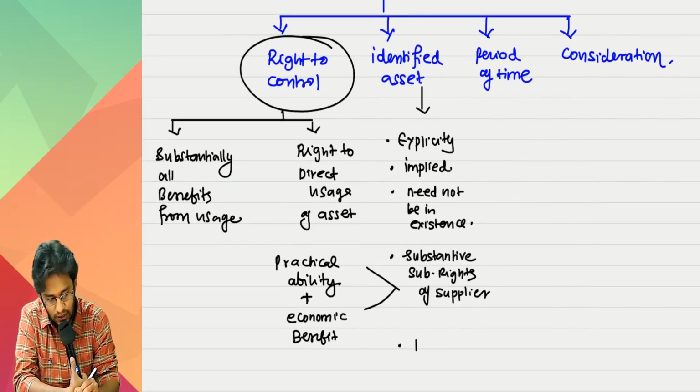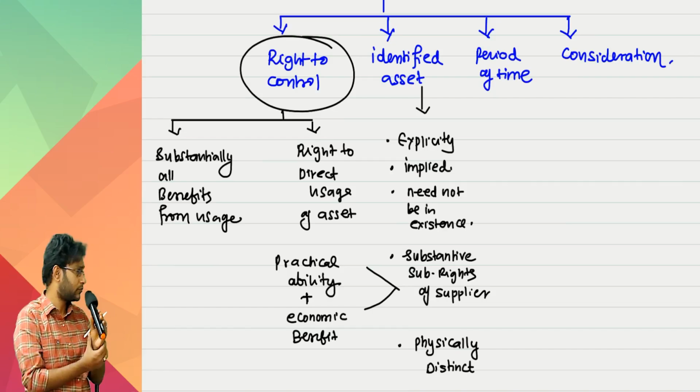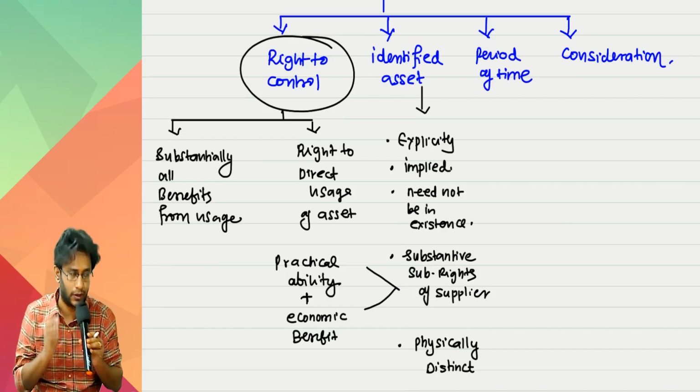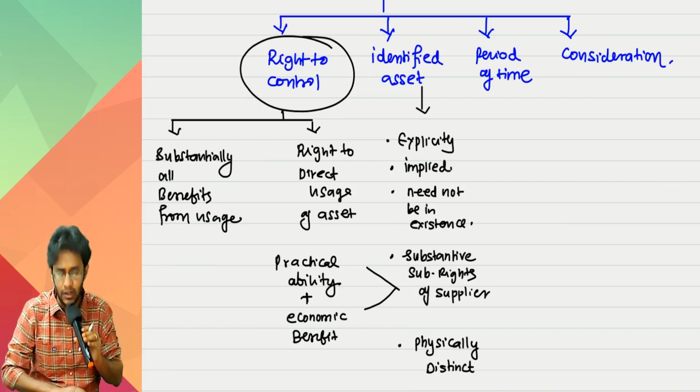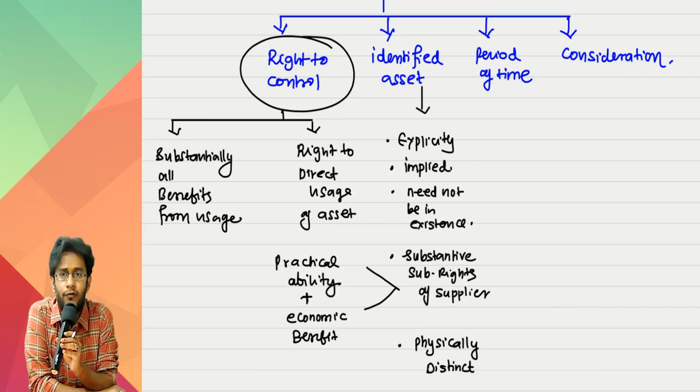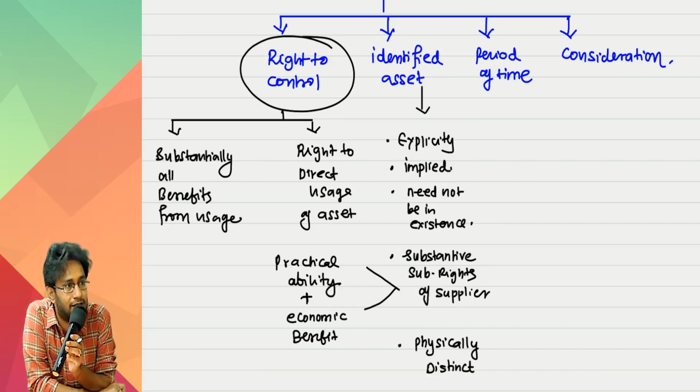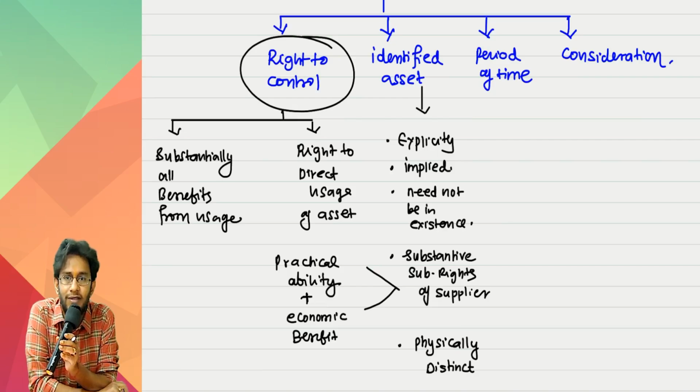Second, the last point in this: the identified asset must be physically distinct from other assets. If there are 4 floors in a particular building and you are taking a lease of the 4th floor, very clearly the 4th floor is distinct from floors 1, 2 and 3, so that point is automatically satisfied. The physically distinct problem comes when you are taking a portion of a property or a portion of an asset on lease.